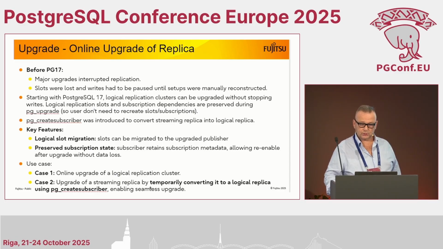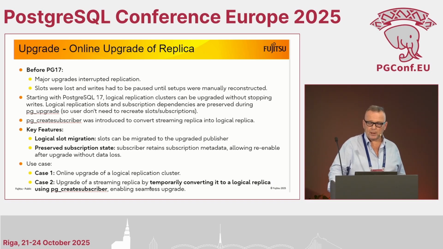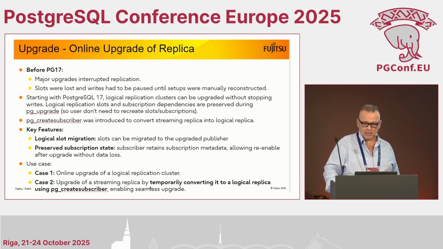Prior to PG17, logical replication slots weren't migrated, as they were treated as node-specific and ignored by pg_upgrade accordingly. So before Postgres 17, you disabled and dropped the subscriptions, and after the upgrade completed, you had to rebuild the replication setup.